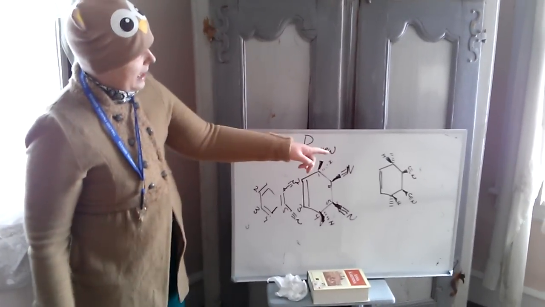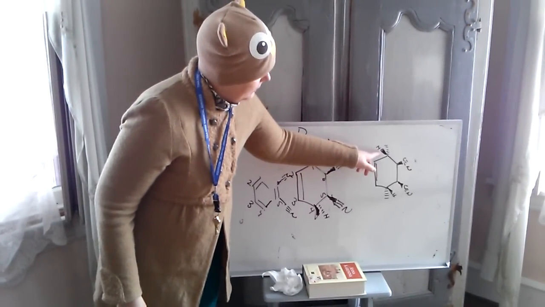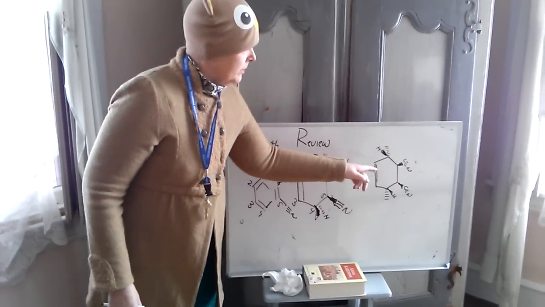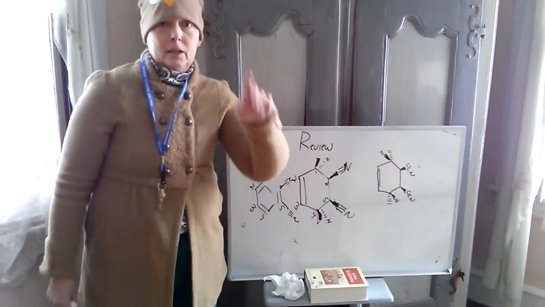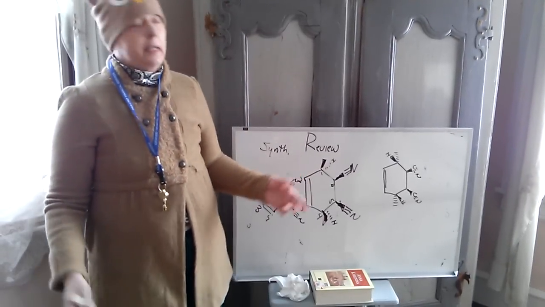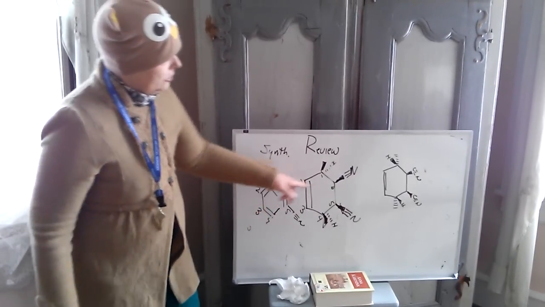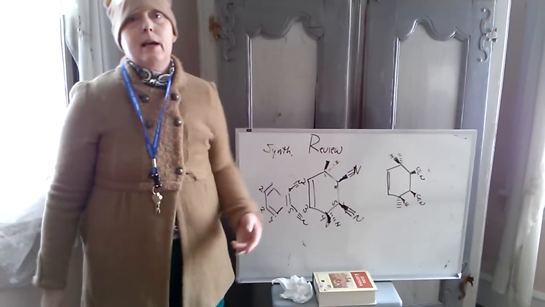If you wanted to make that, the inner position would have to go the opposite way to those groups. And you're saying, well, that looks perfectly fine and dandy because you've put the methyl groups on the inner position and they're going opposite to those groups. That's fantastic. That looks great.